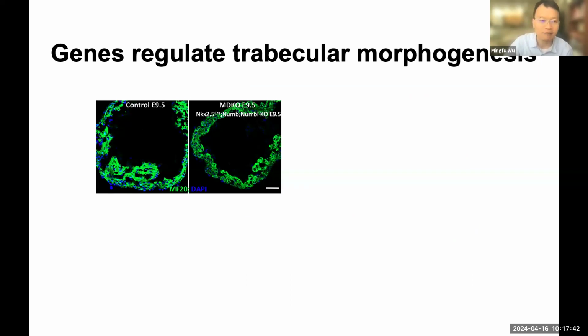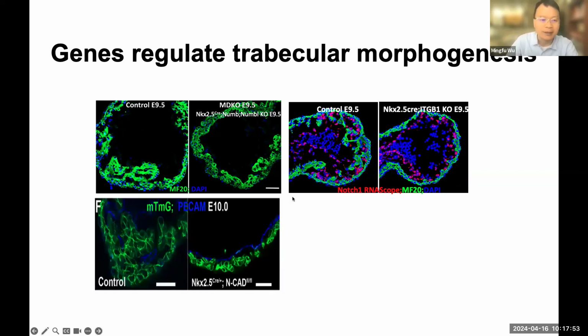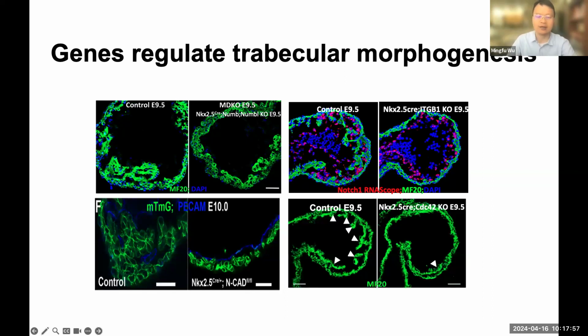And we found that NAM-LAC regulates trabecular formation, integrin beta 1 also regulates it, N-cadherin regulates it, and we also found that N-cadherin and CDC42 regulate trabecular formation. This story is not published yet.